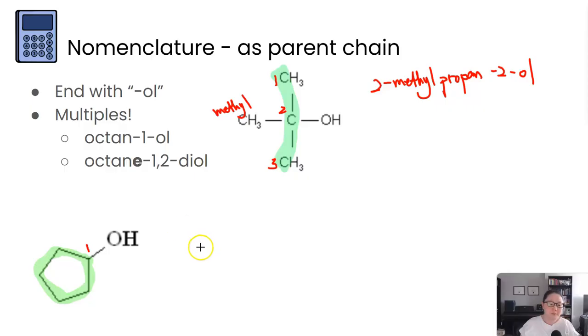And so when you name it, we have none of the side chains, so we're going to go straight with cyclopentan. And recall that this is cyclic, and we only have that one group. There is literally no other carbon that this group could have been on other than carbon 1, because you name it based on where it is. And so this one does not have a 1, it just goes straight to that ol.